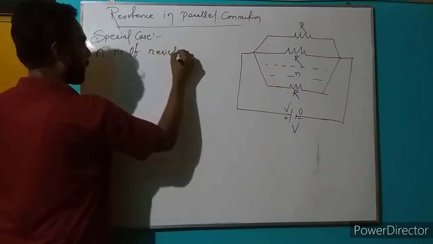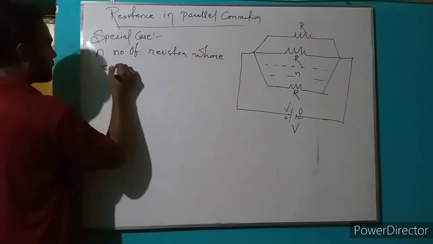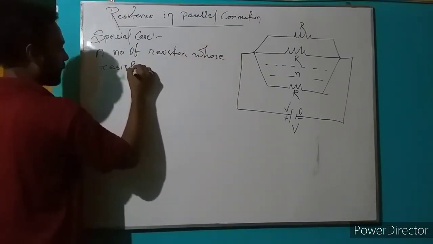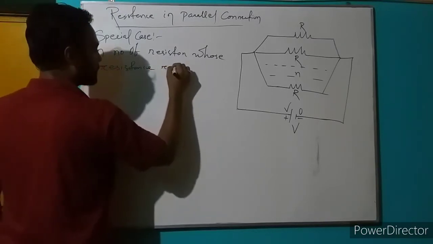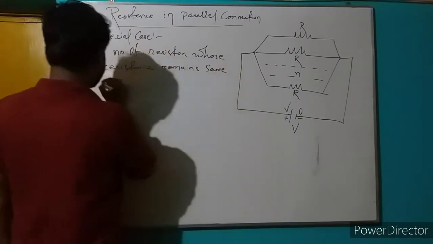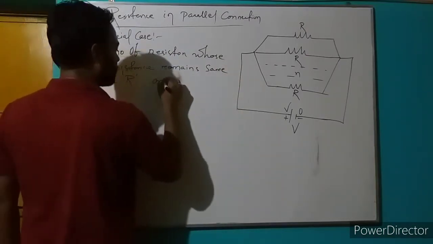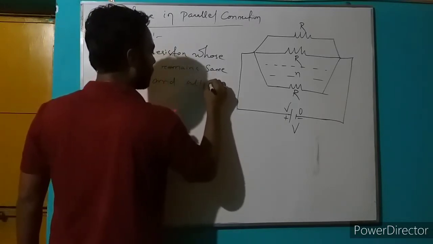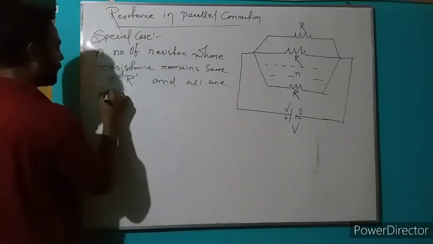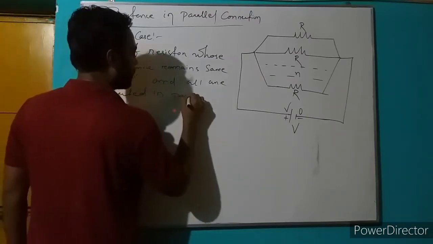Here n number of resistors whose resistances remain the same, that is R, and all are connected in parallel.